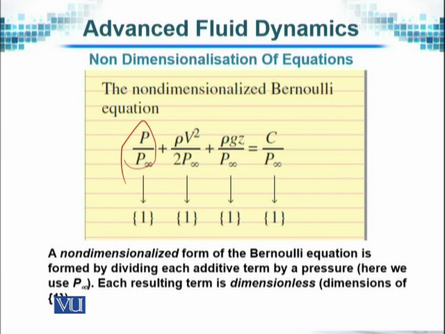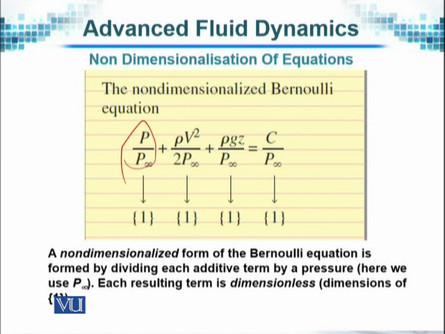If we divide the second term, which is half rho V square, by pressure, then again they will have the same dimensions as that of the pressure, and therefore the dimensions of this term is also rendered as 1.